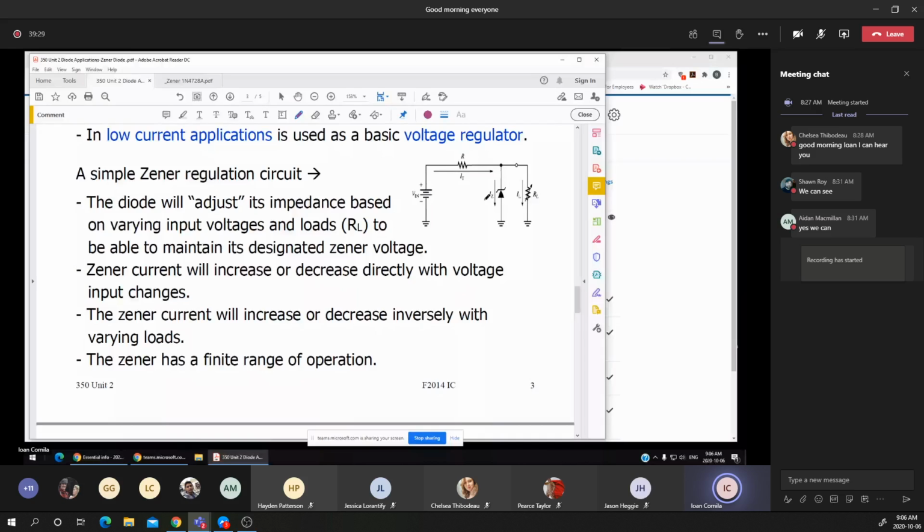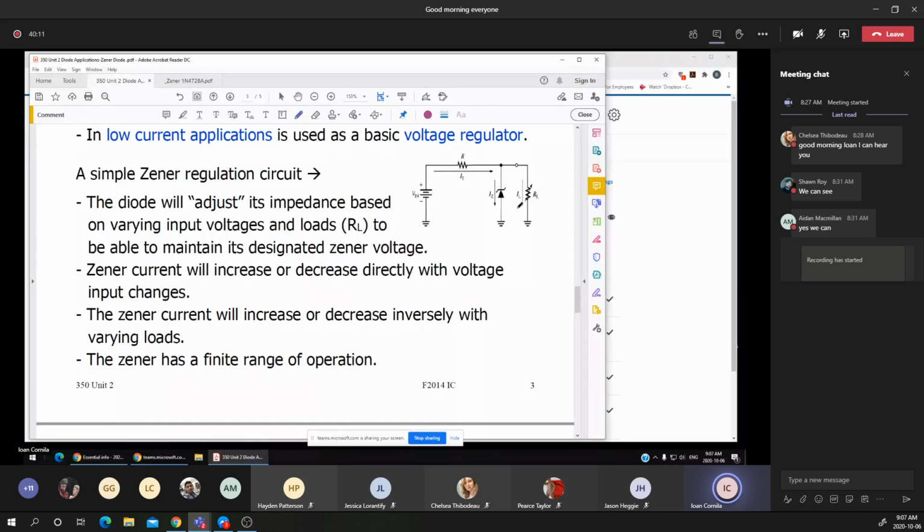If the RL is increasing in value, the IL is decreasing, and the IZ will take the excess of the IL current. So the IZ has to be maintained between two values, the IZK (IZ min) and the IZ max. Keep in mind that the IT always stays constant. The IZ will change between the two limits based on the value of the load resistance.